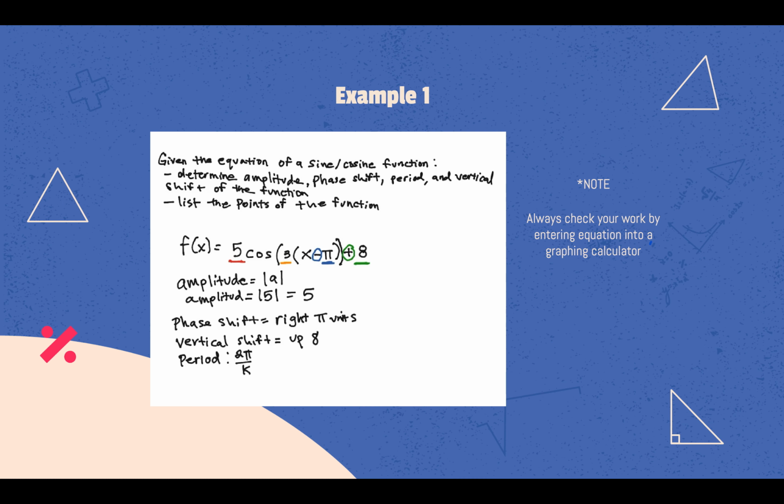So in order to find the period, we're going to plug in k, and that is going to be our period, since it is already reduced. So these are all of our elements as of right now, and we're going to utilize these 4 pieces of information in order to find step 2, which is the points of this graph.